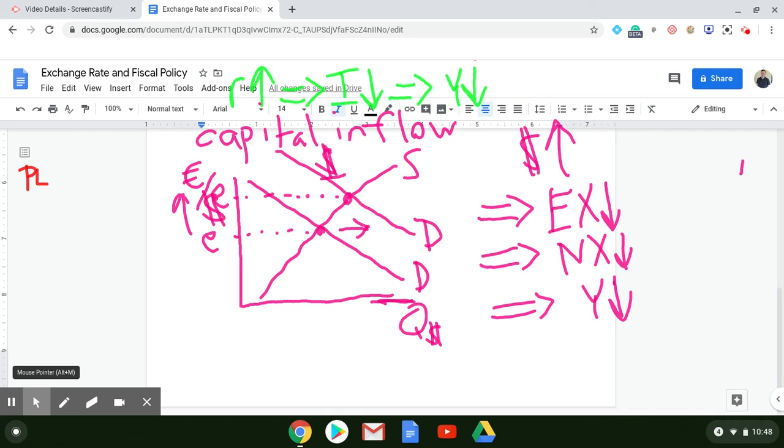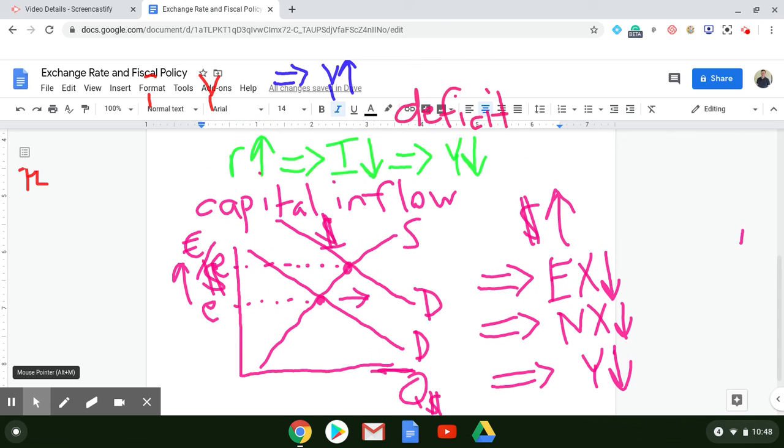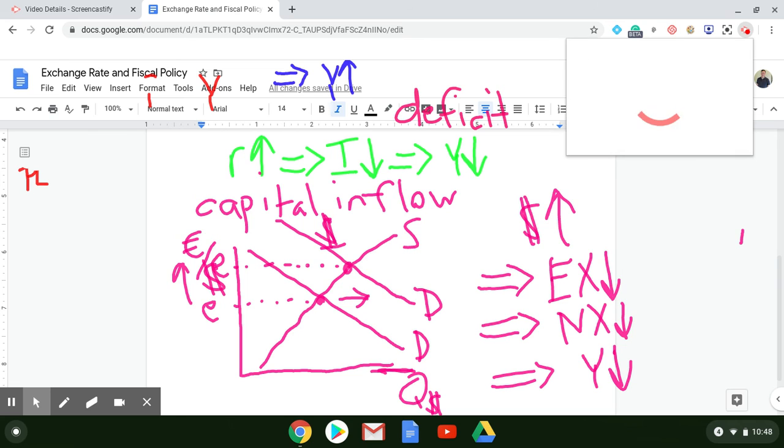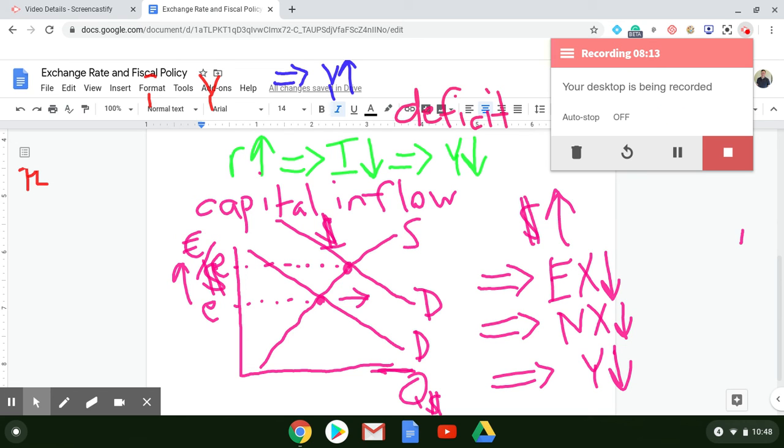But theoretically, these decreases will happen because of this interest rate increase. Not only will investment spending drop, but the currency will appreciate and exports will fall as well. So something to keep in mind is that this will cause more crowding out.